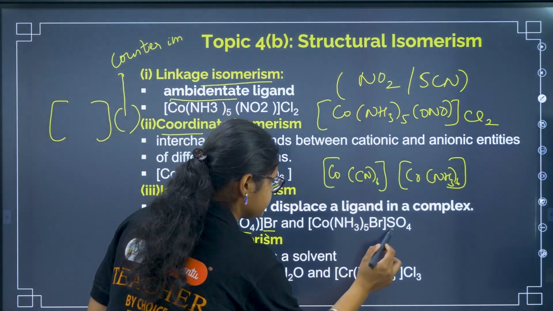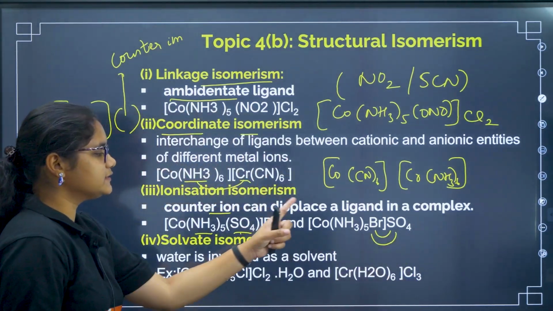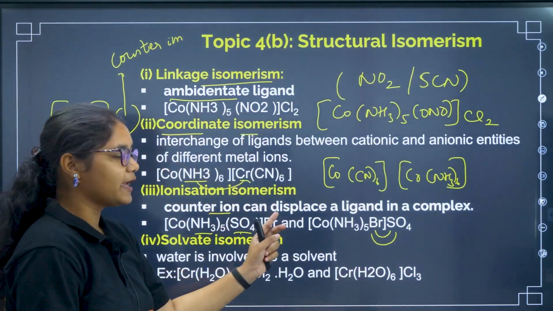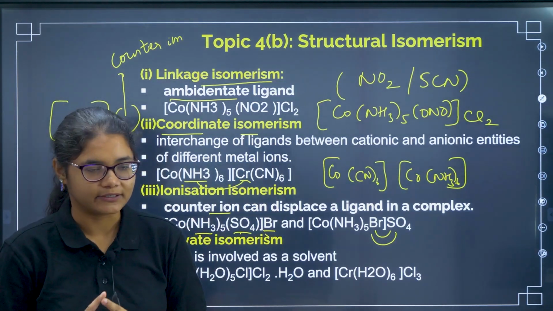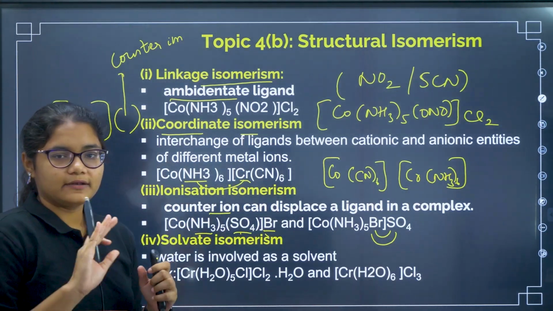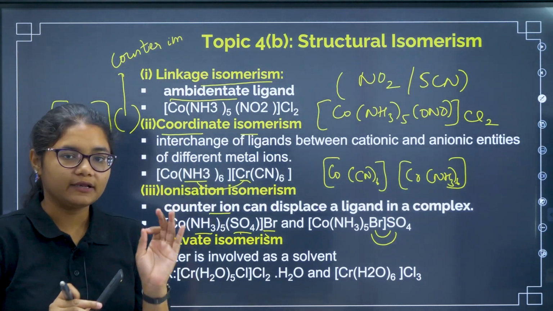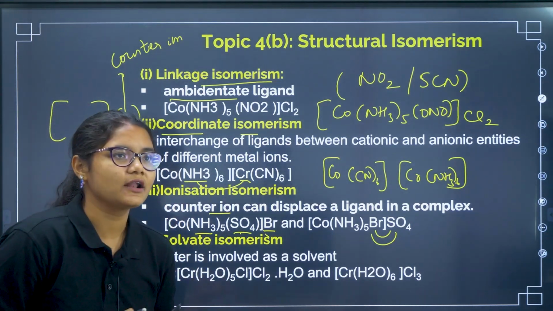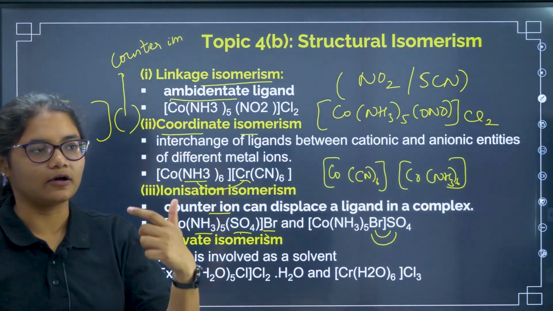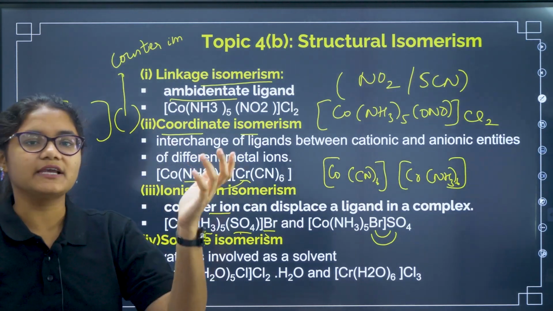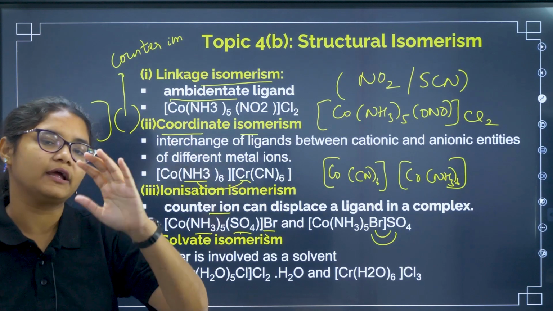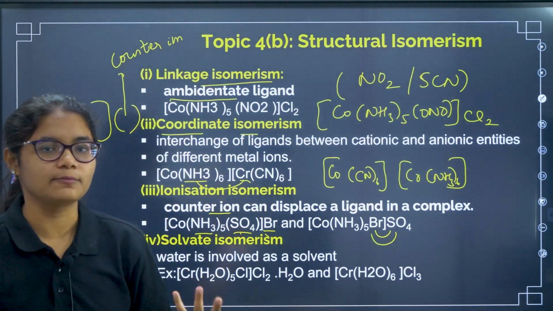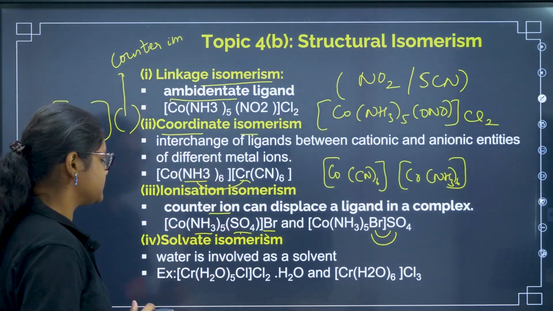You see here, right? These types of isomers where the counter ions can displace a ligand are called your ionization isomers. You need not read the definitions, but you should be very clear with the examples. Like how questions are asked, they will give you certain options and ask which isomerism they show, or they'll give a compound and ask what types of isomerism are possible here. Those types of questions you should solve.